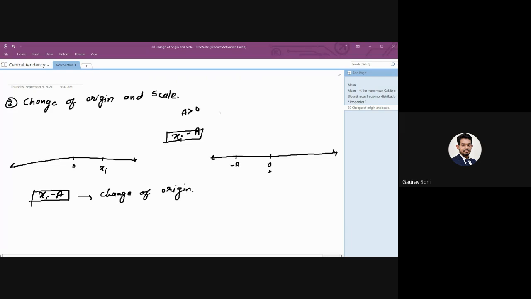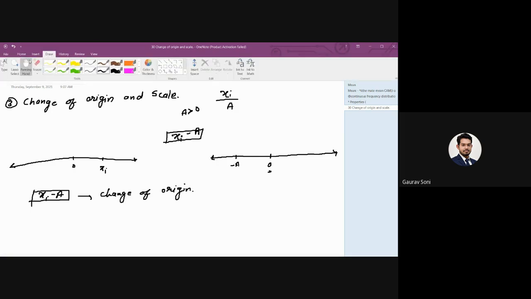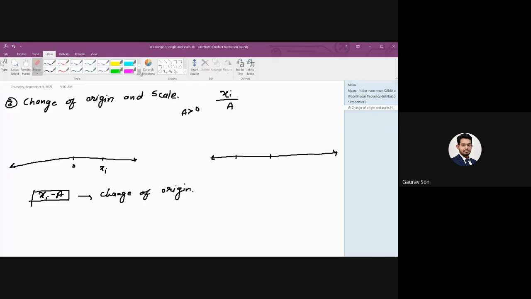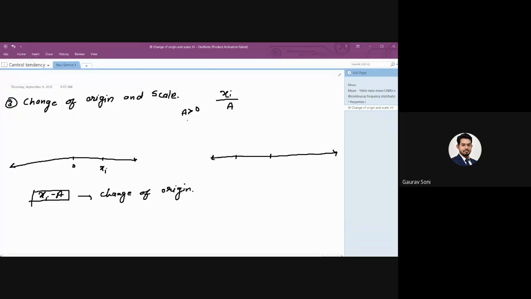What will happen if I divide xi by a? Yes, anyone? Say for the condition, I'll give 0 is less than a and a is less than 1.